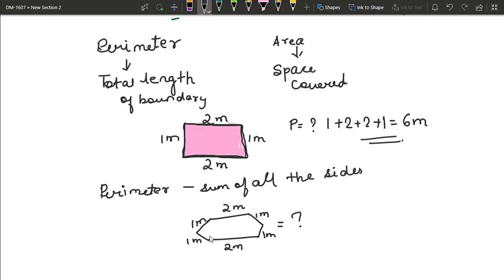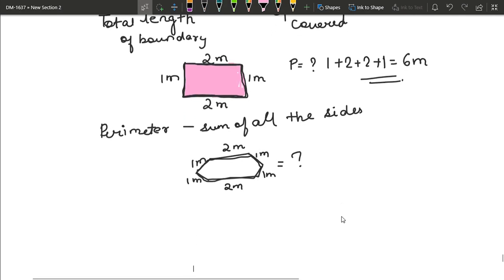Why am I finding the sum of all the sides? Because perimeter is the length of the boundary, so this is my boundary, the outer region. I will sum up everything, and that is going to give me the perimeter. So that is basically the sum of all the sides. This is about the perimeter.